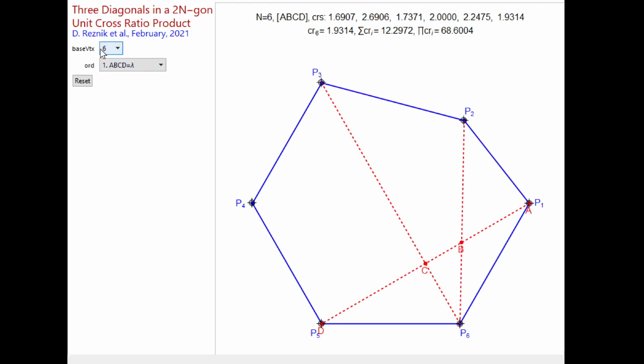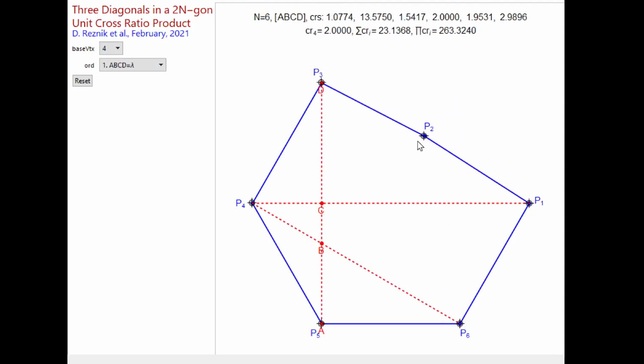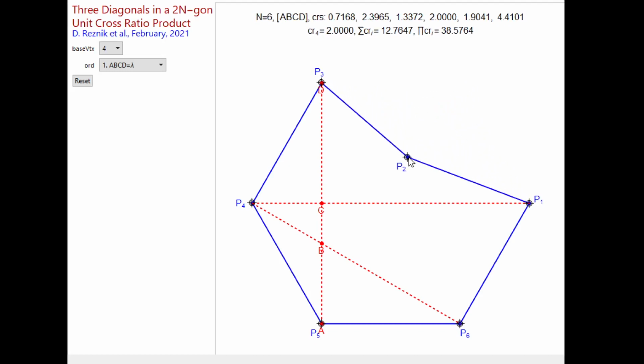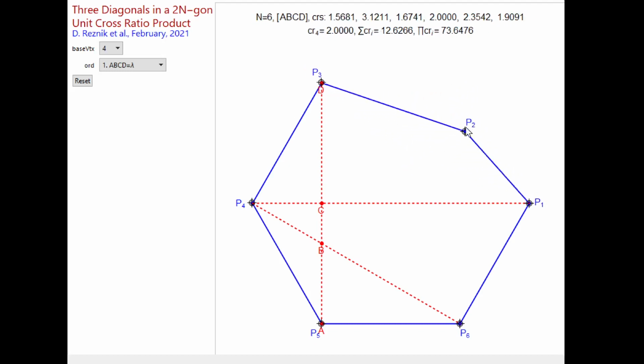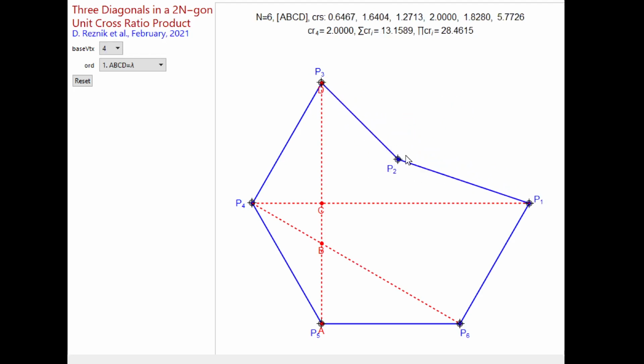The cross ratio with respect to the 4th vertex, as I move P2, is not being affected. Notice how it's latched to 2. Why is that? That's because when I move P2, and only P2 in this construction, my 3 diagonals are unaffected.